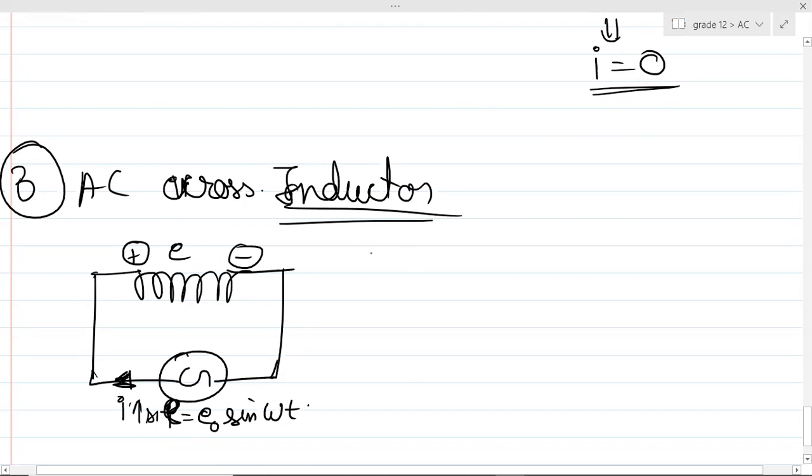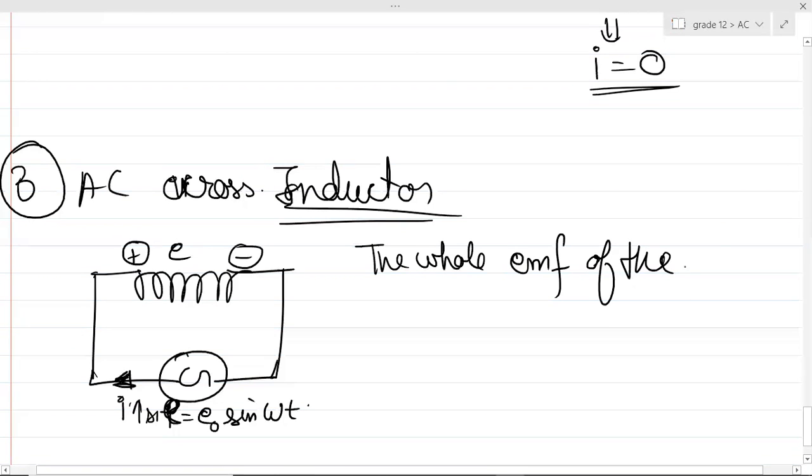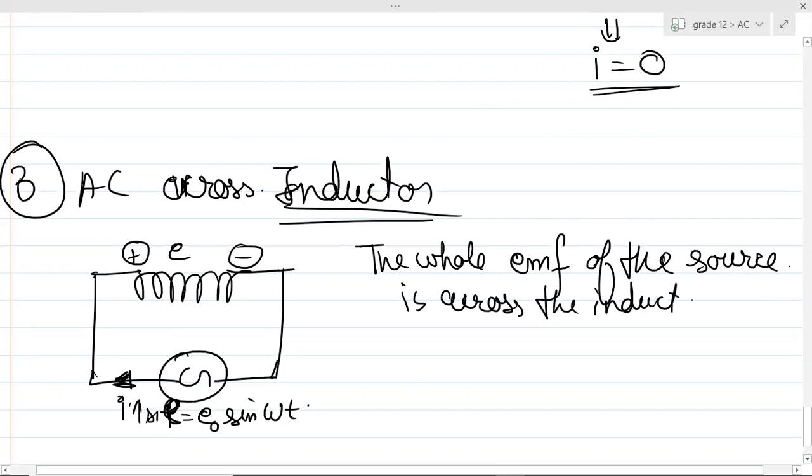So can I say the whole EMF of the source is across the inductor, just like in the previous cases? In the previous case the whole EMF was across the capacitor, and in the first case the whole EMF was across the resistor.